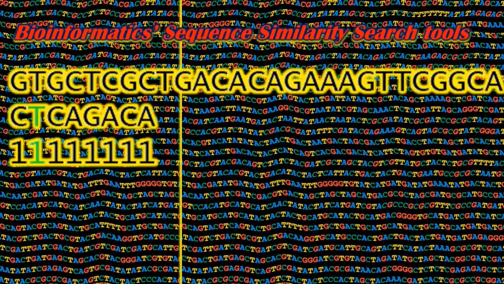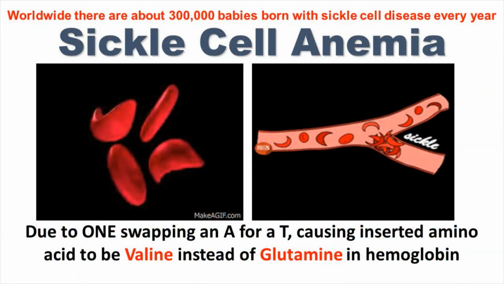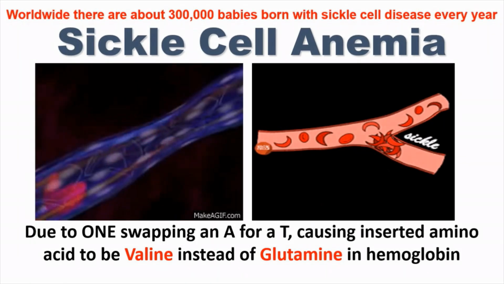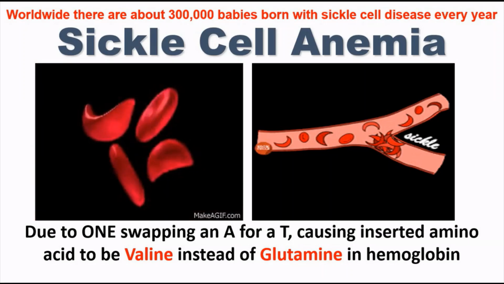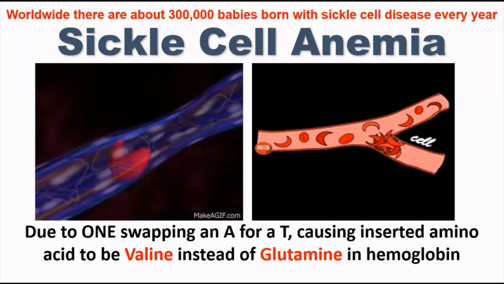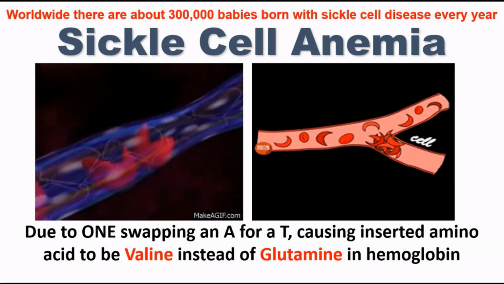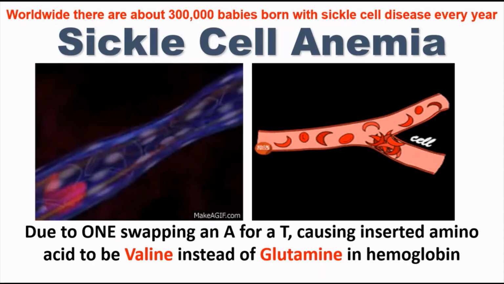So this is one example of bioinformatics, and this knowledge is used in the understanding of a number of enigmatic diseases, like for example sickle cell anemia. About 3 lakh babies in the world are born every year with sickle cell anemia, and the difference between normal cell and sickle cell is very little.